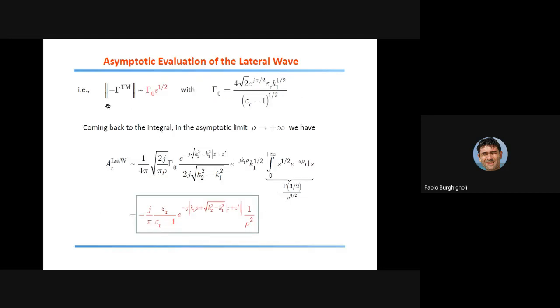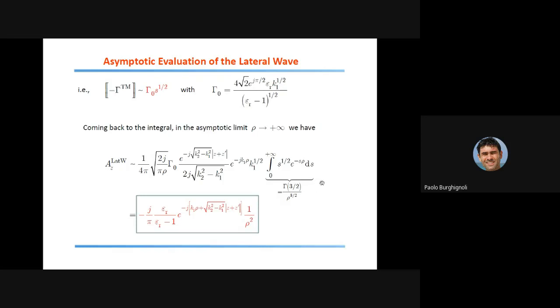And now we are in a position of evaluating asymptotically the lateral wave by letting gamma 0 be this bunch of numerical constants. We have that the folded reflection coefficient minus gamma is given by gamma 0 times s to 1/2. If you insert this inside your integral and you take outside the integral all the other constants that do not depend on the integration variable s, what you get is the usual gamma function with argument 3/2.